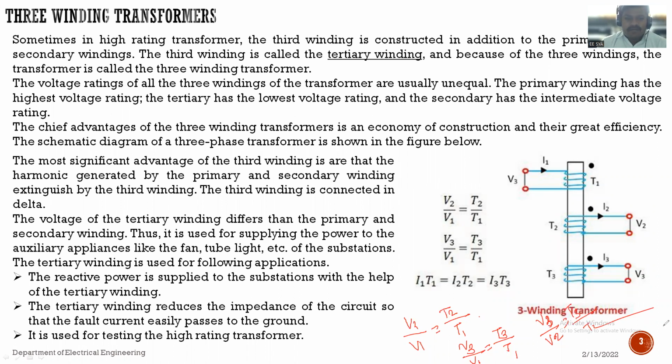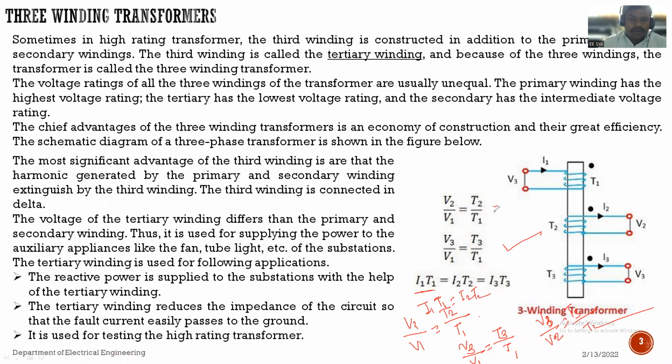Okay, so see, V2 divided by V1 equals T2 divided by T1, and V3 divided by V1 equals T3 divided by T1. Turns ratios are equal. So according to this, if we write this equation in the form of turns ratio and current, do you know that the current is proportional to the opposite? That means I1 into T1 equals I2 into T2.